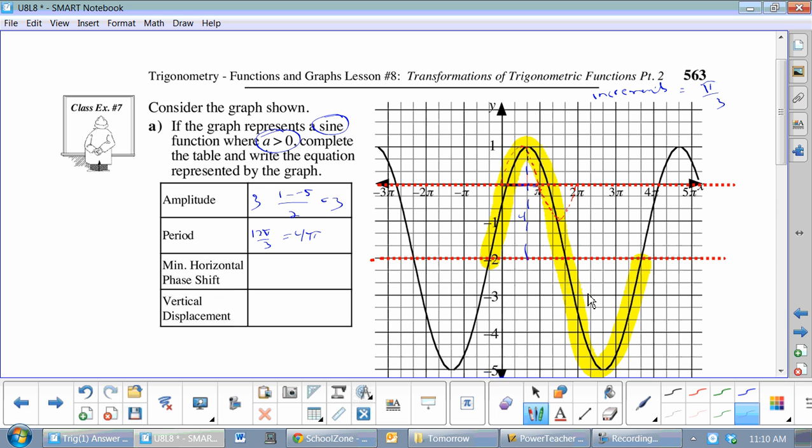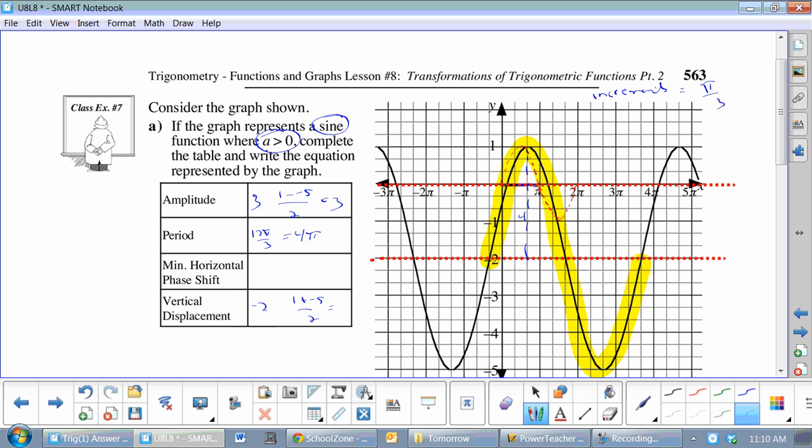What is the horizontal phase shift? Now, I think it's easy to do vertical phase shift, vertical displacement, I should say. What's the new vertical displacement? How much did the midline move? Minus 2. Or you could do max plus min over 2.